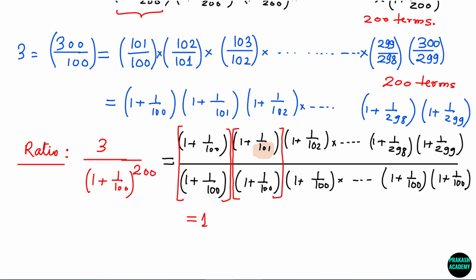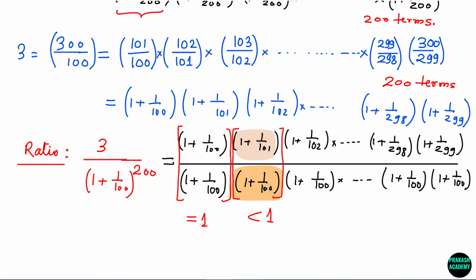So 1 by 101 is a smaller number, and 1 by 100 is a bigger number. So overall in the numerator you have a smaller number, because in 1 plus 1 by 101, 101 is bigger, so this is smaller. So in the numerator you have a smaller number, and in the denominator you have a bigger number. This means I can say this number is less than 1.